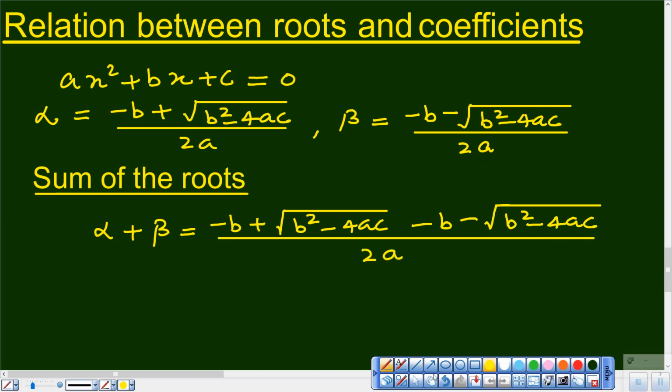Can you see that now the radical sign expression gets cancelled off because of plus minus, and what I'm left with is alpha plus beta is equal to minus 2b upon 2a, that is minus b upon a.